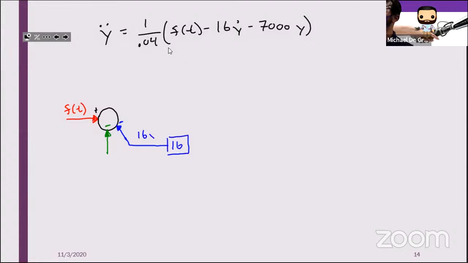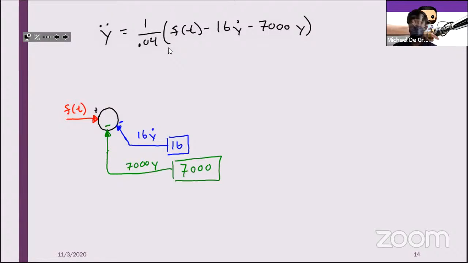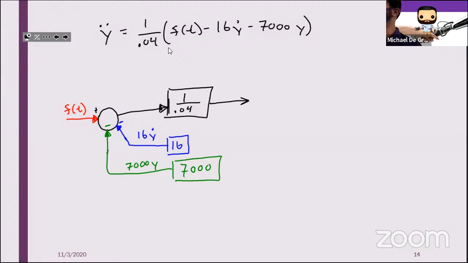We'll say that this is 16 y dot, and we'll say that this is 7,000 y. What do we get out of this? Well, we're going to take this signal and multiply it by a gain of 1 over 0.04. And now this becomes y double dot, right?